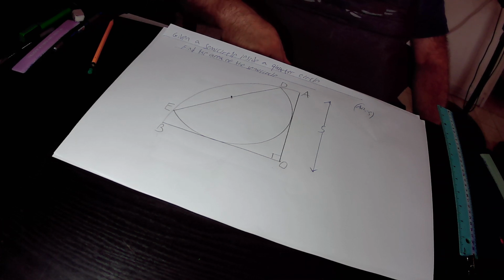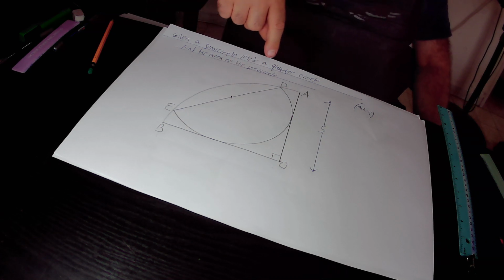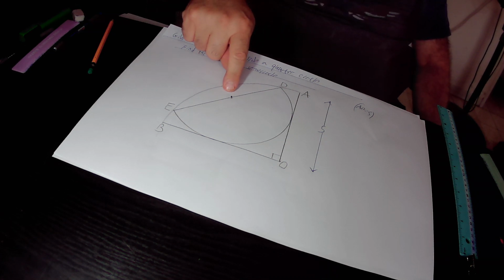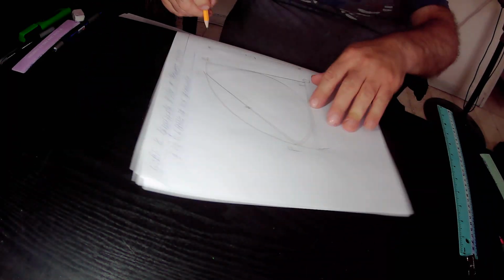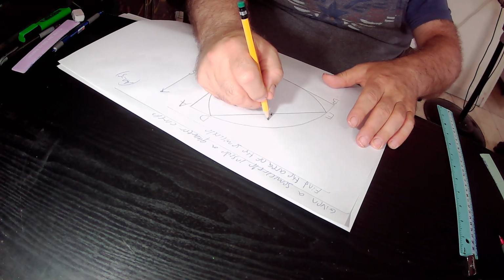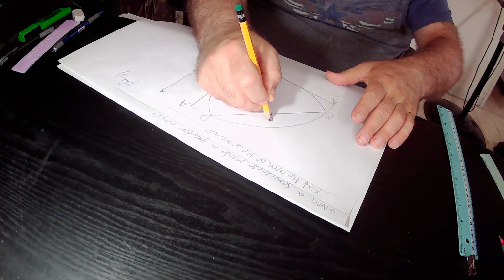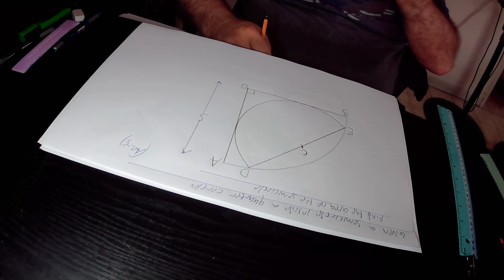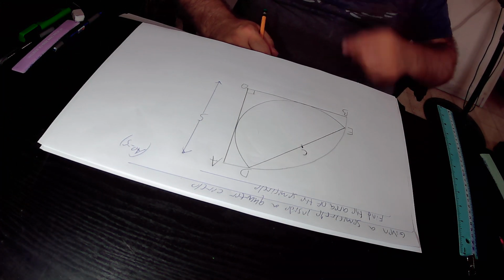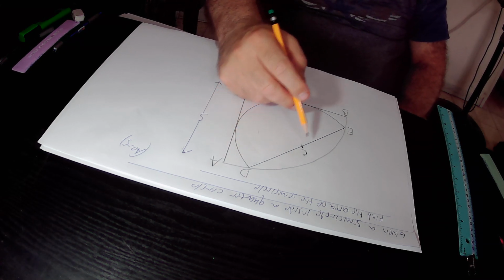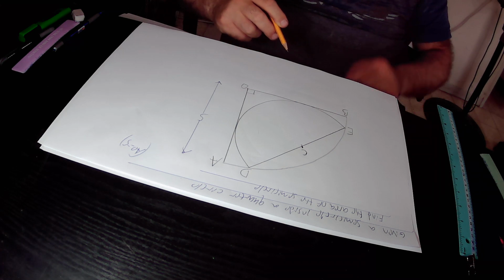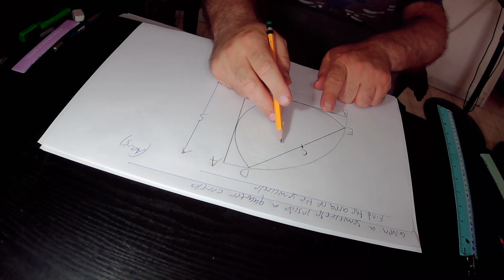So first of all, we'll define the center of this semicircle. This point is point C. CD equals CE. They are both the radii of this semicircle.